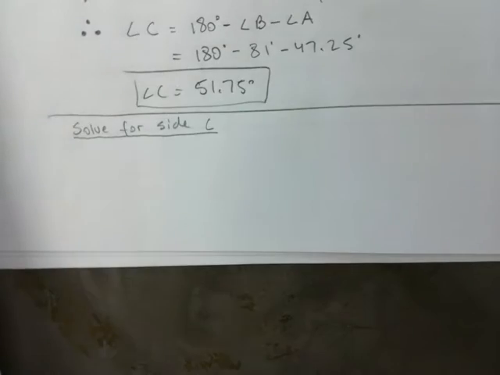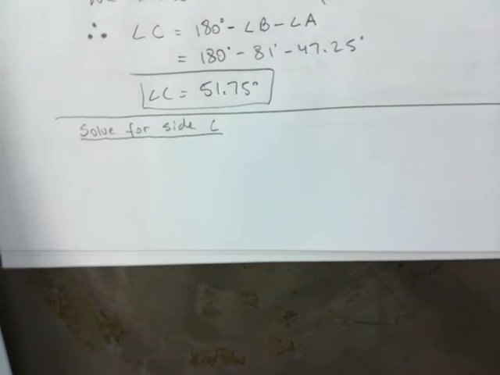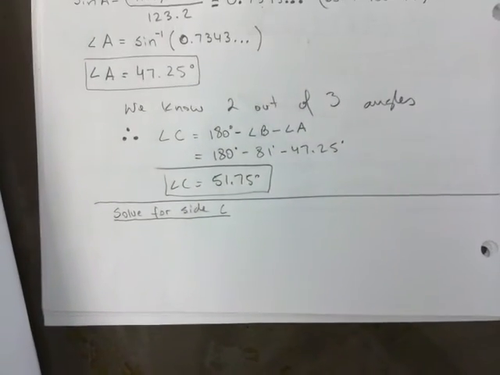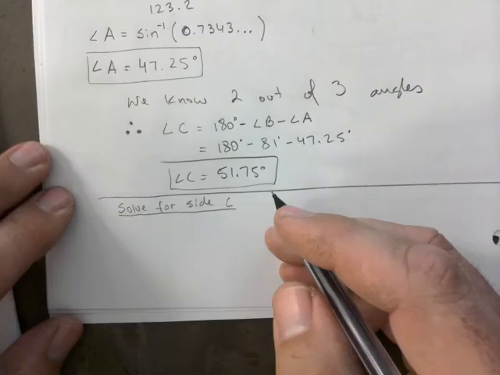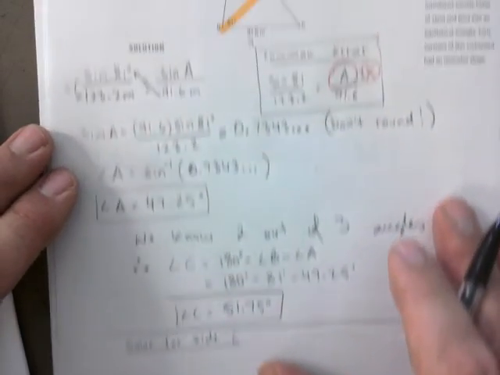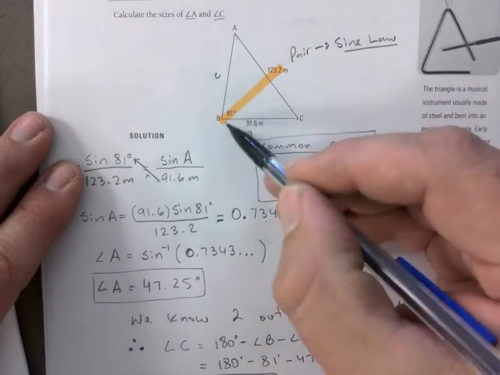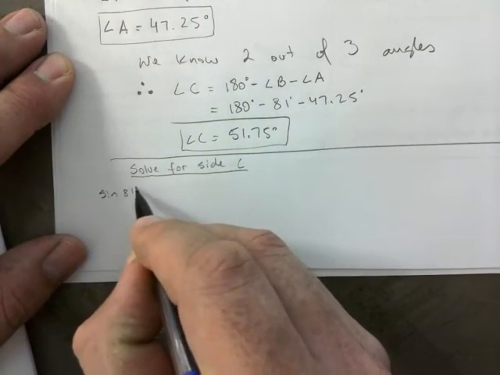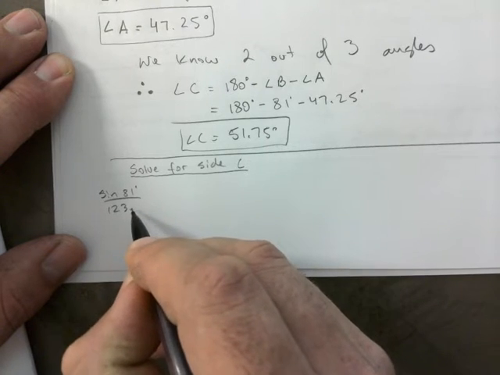Okay, so here's where it gets interesting, okay? Pay attention, please. It gets interesting, and I will do this 2 ways, okay? I would always encourage you to use the pair that is given to you to start off, but you don't have to. So I'm going to go sine of 81 over 123.2.